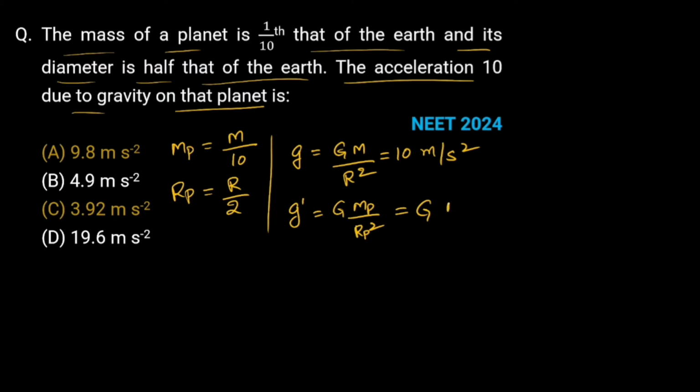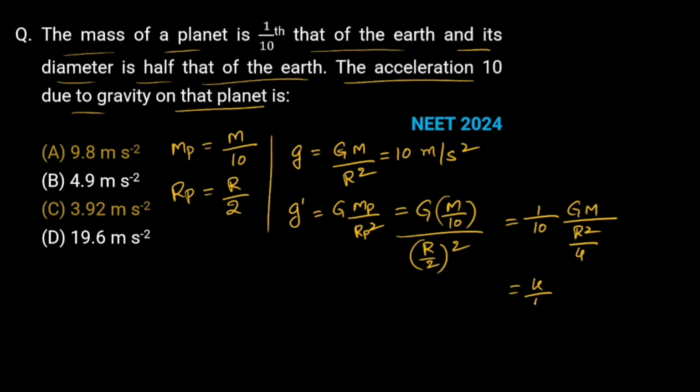Mp equal to M by 10 divided by Rp, R by 2 whole square. Simplify it. It is 1 by 10 GM divided by R square by 4. 4 goes up, 4 by 10 GM by R square.